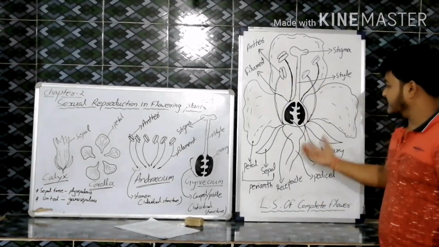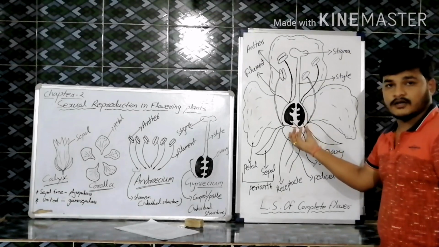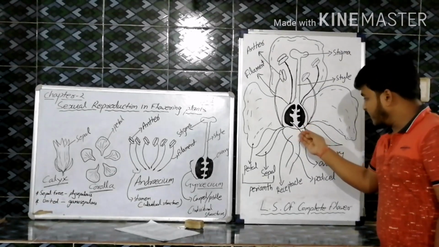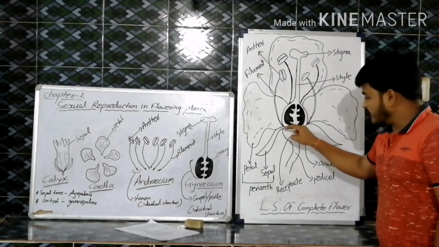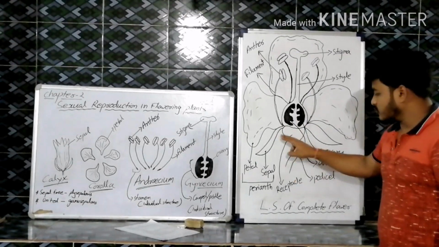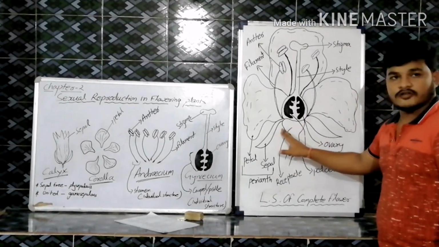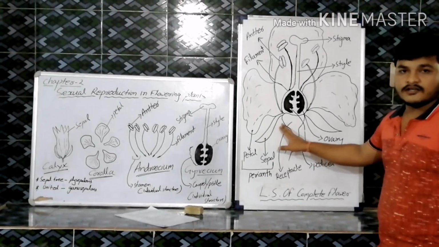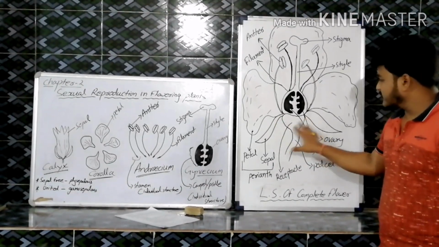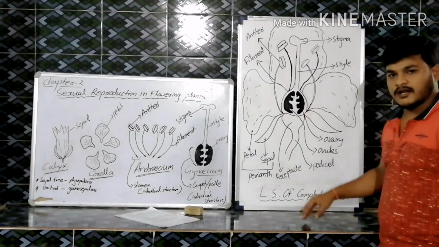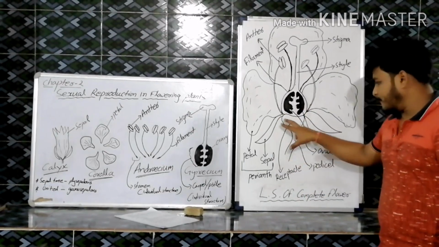The total structure is developed from the receptacle only. First, the sepals develop, which in some plants are united and in some are free. In this structure they are free, but in a lot of plants they are united.